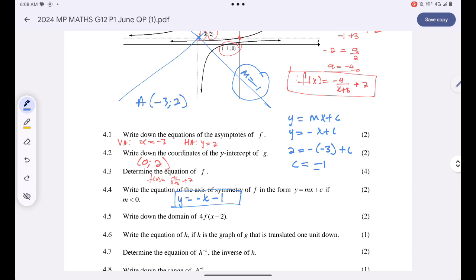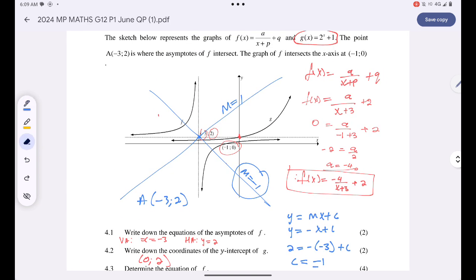Okay, now I'm supposed to write down the domain of 4 times f, of this newly transformed equation rather. So the transformation that took place, the function was enlarged by a scale factor of 4. And then the function was shifted 2 units to the right altogether.